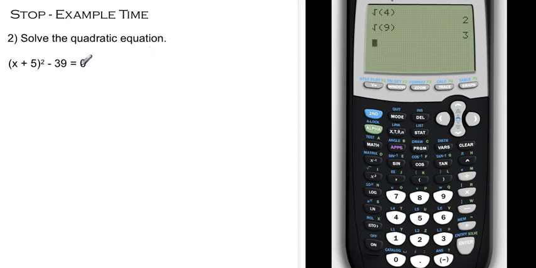Let's look at what happens when we get an irrational number on this, which is what will happen the overwhelming majority of the time. Start by undoing any addition or subtraction. And so I get x plus 5 squared equals 39.